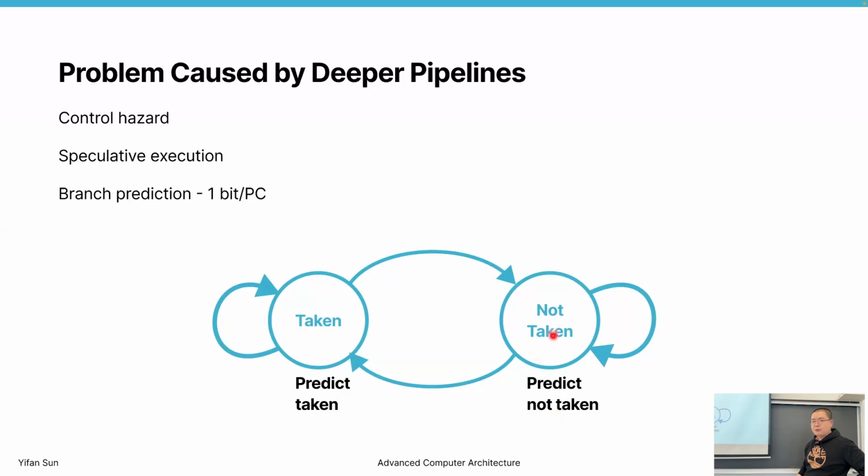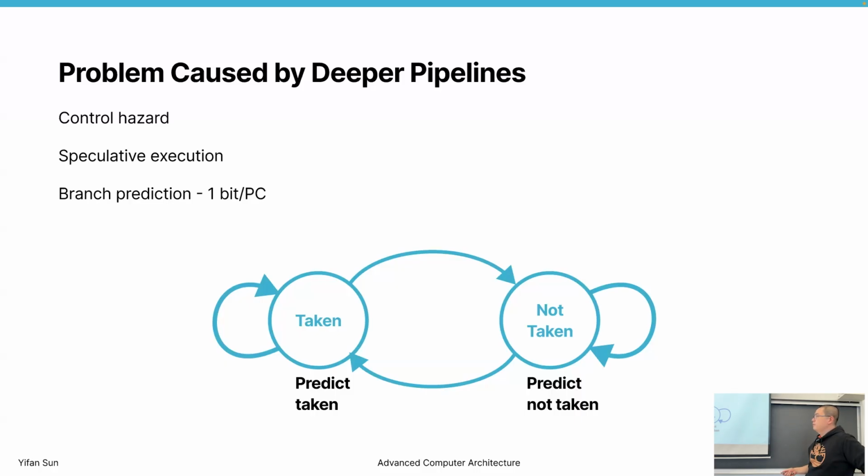But if we get it wrong, we know it's taken, then we take this route to put it into this taken state. In this taken state, we simply predict taken, then we go that way. Now, if we predict wrong, we go back the other way. Okay? Because we are very, very likely to be executing in a loop, it's very likely that we can get a correct result.